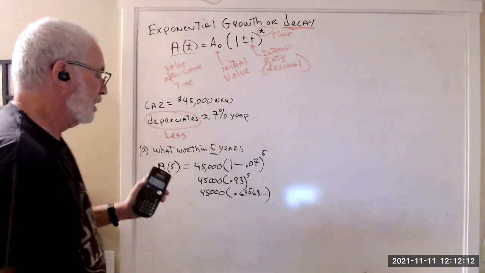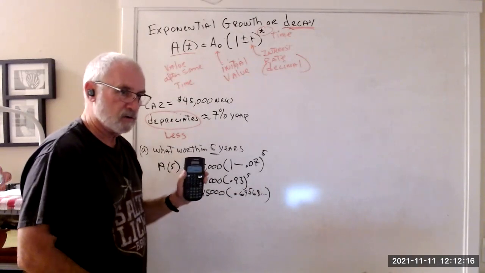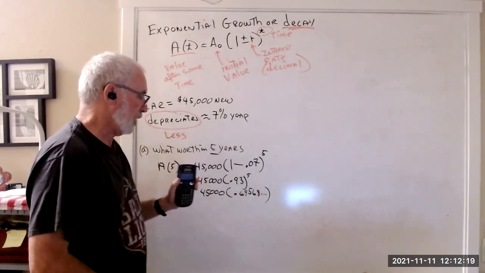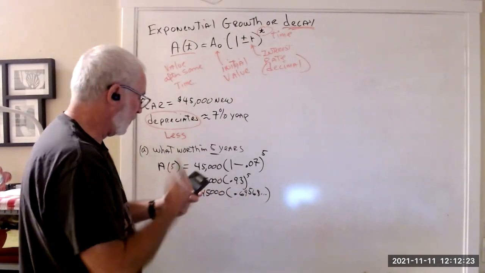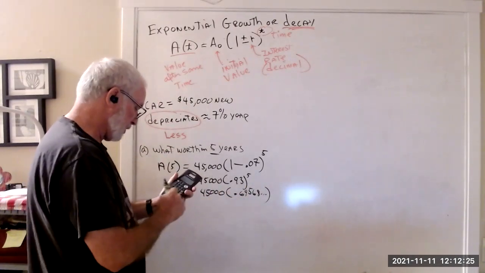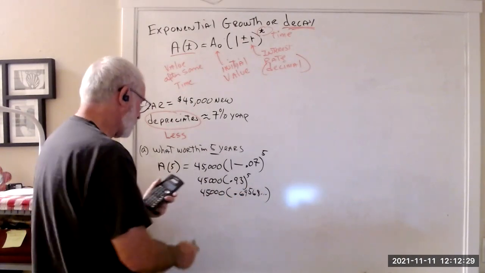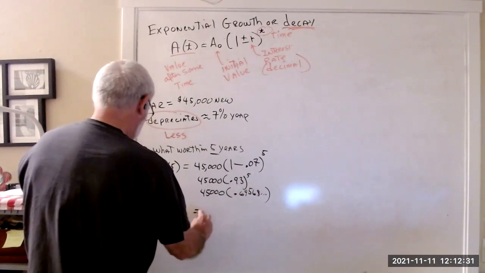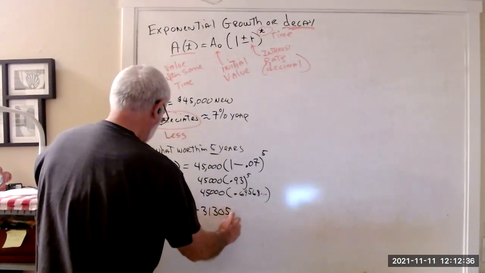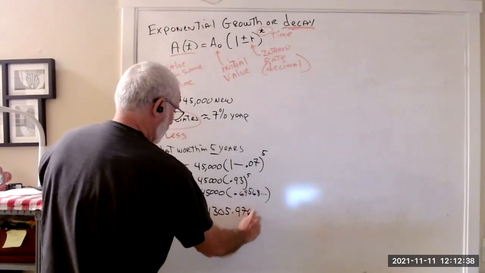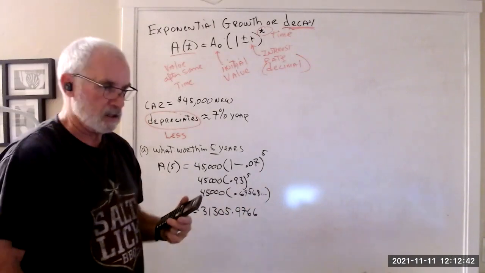And again, I'm doing all my work on my calculator, so I haven't rounded anything. I'm just keeping all the things there. So this is going to be times 45,000. So I get 31305.9766, whatever.